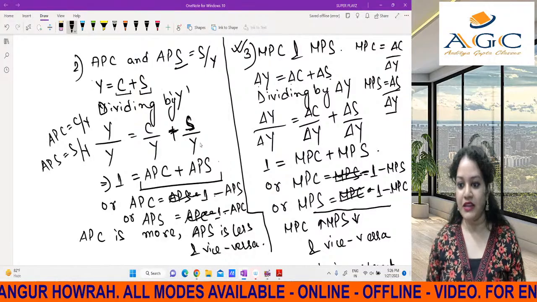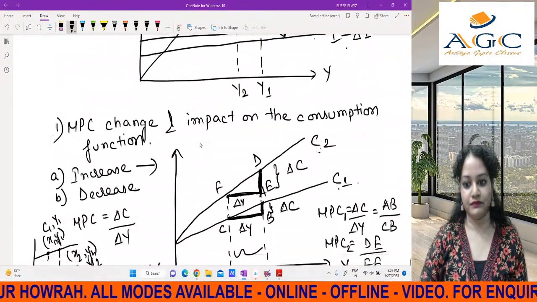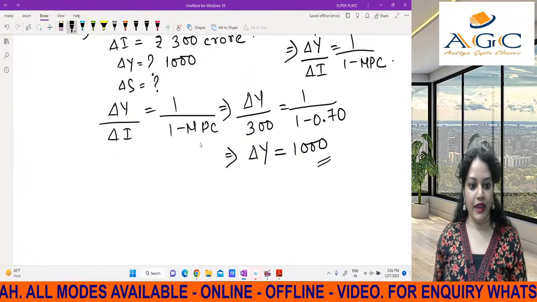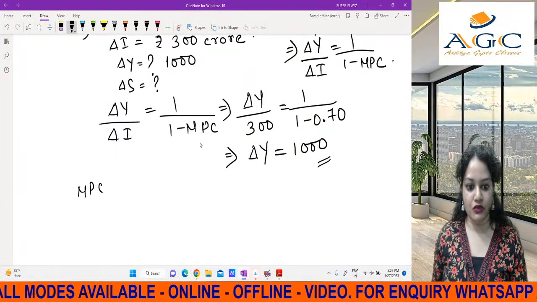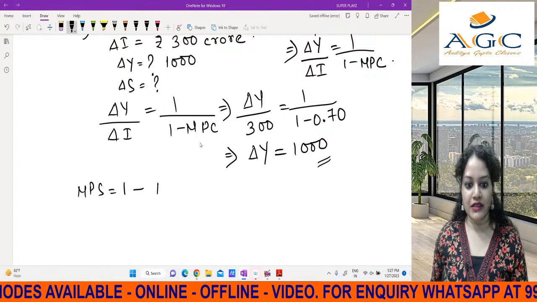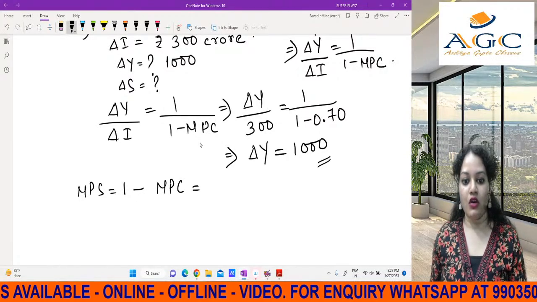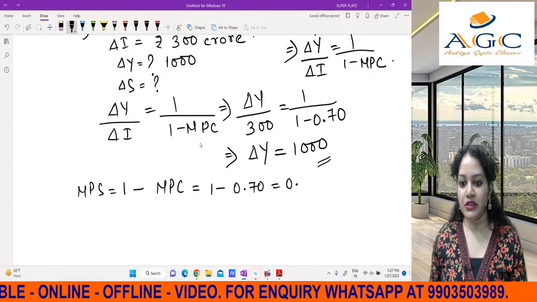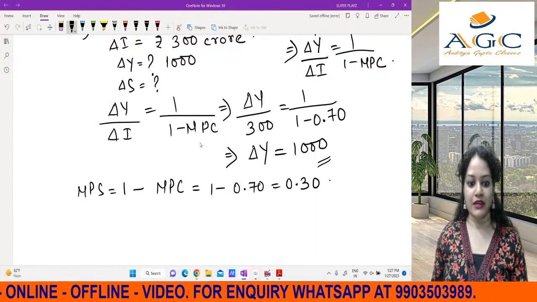MPS is equal to 1 minus MPC, or 1 minus 0.70, which is 0.30, right?